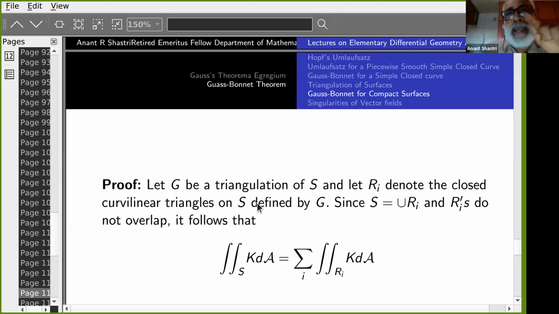The entire thing is a circle divided into three portions. That is a picture of a triangulation.